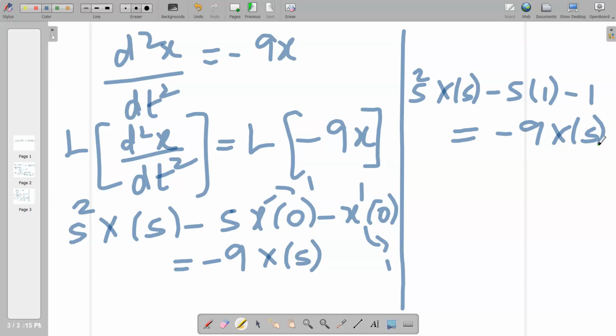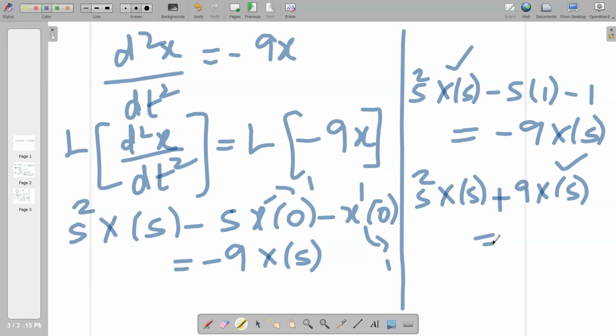Minus 9 X of s moving to the left becomes plus 9 X of s. Minus s into 1 is minus s, which moving to the right becomes s, and minus 1 moving to the right becomes plus 1.